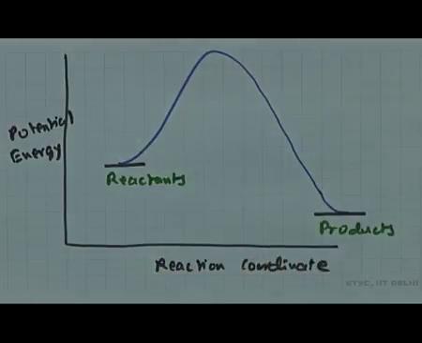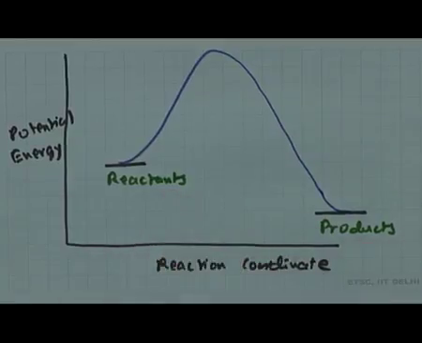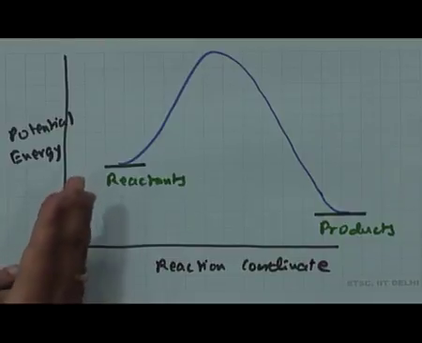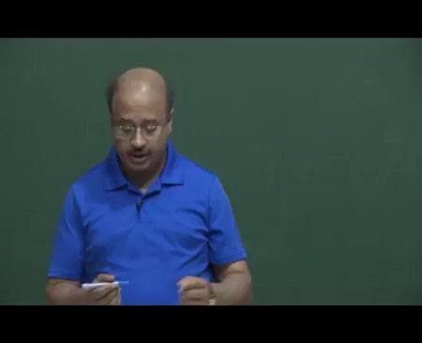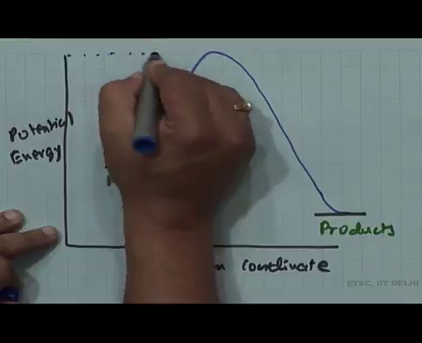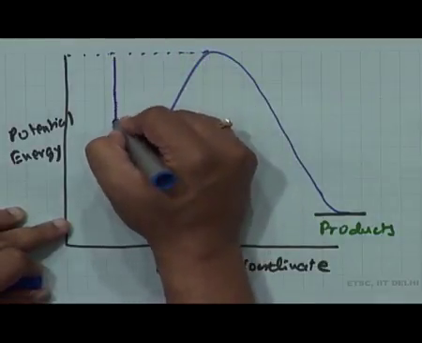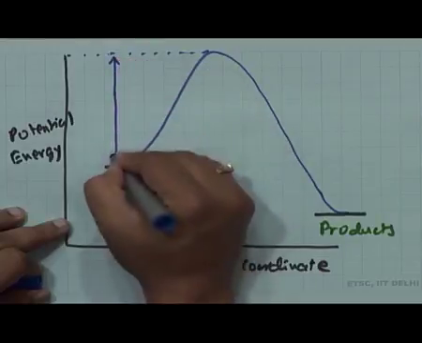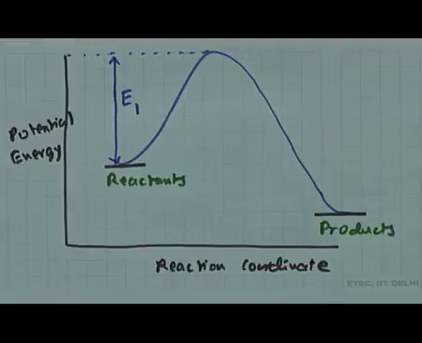So, what you are seeing here is I have my reactant here, I have my product here, and on my way from the reactant to the product, if you remember the equilibrium equation we were talking about, if I take this maximum, this one can be labeled as E1.